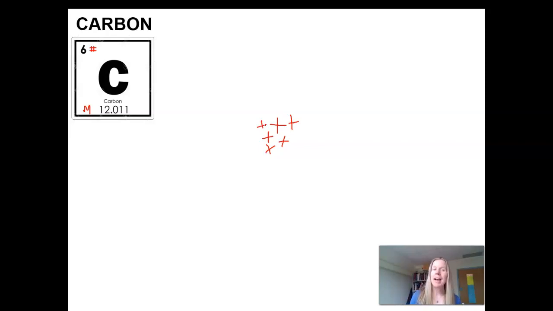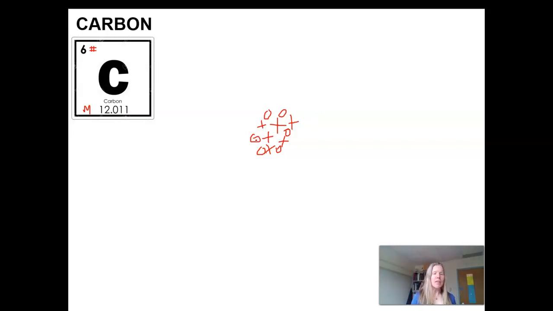Now the atomic mass is the number of protons plus the number of neutrons. And since we average out at around 12, we know we've got 6 more neutrons to add into the nucleus here. 3, 4, 5, 6. I'm actually a better artist on the whiteboard.